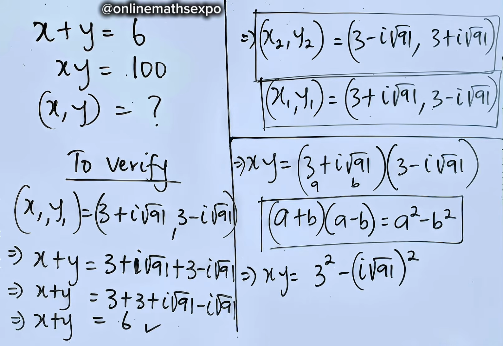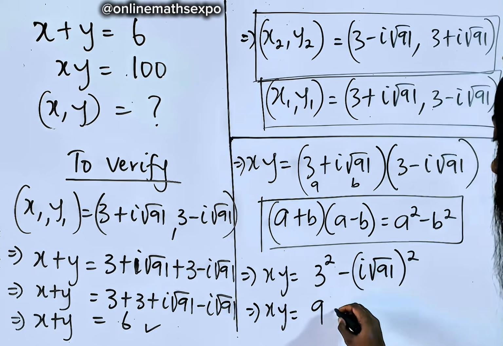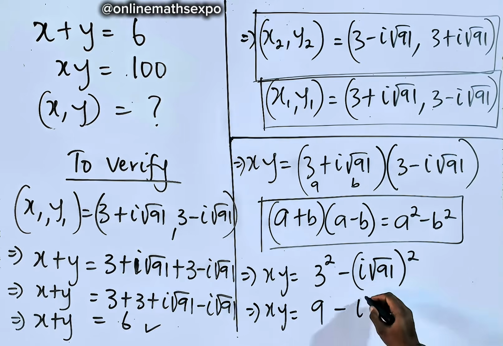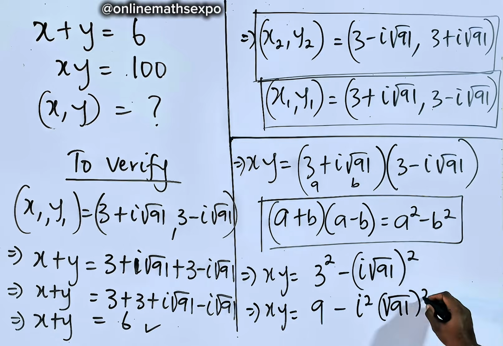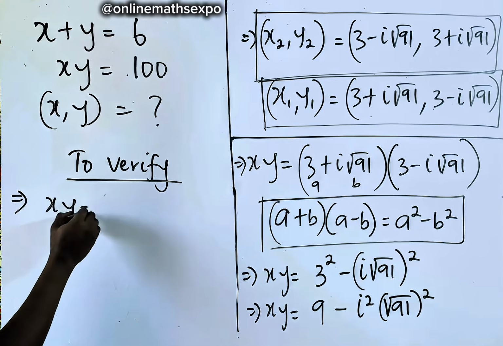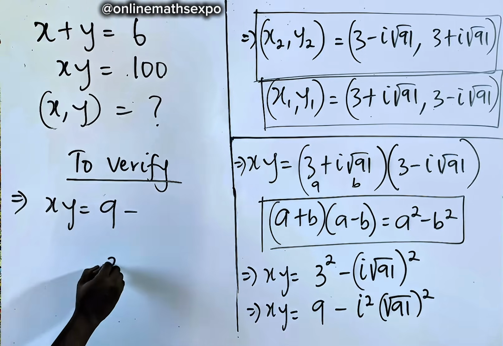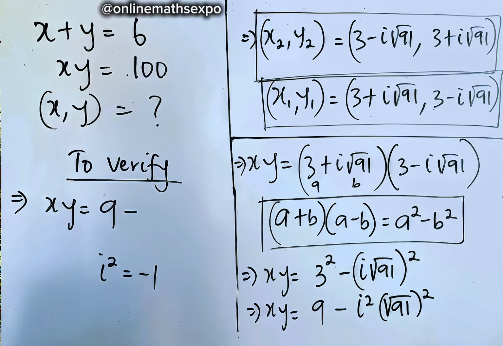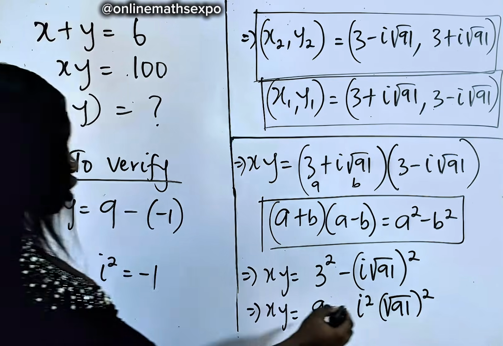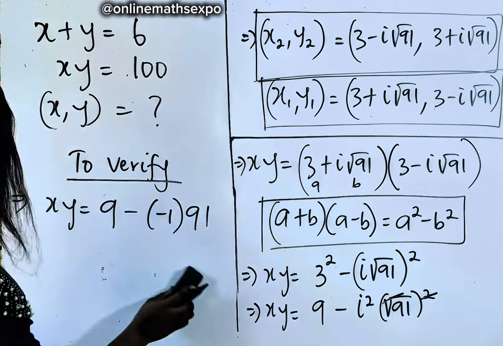So for xy, 3 squared will give us 9 minus, this will be i squared, then root 91 squared. Simplifying, xy is 9 minus, remember your i squared is always negative 1, so we're going to have negative 1, and the square cancels the square root, multiplied by 91.